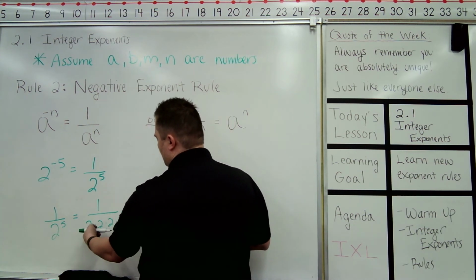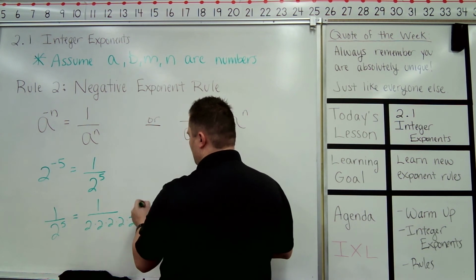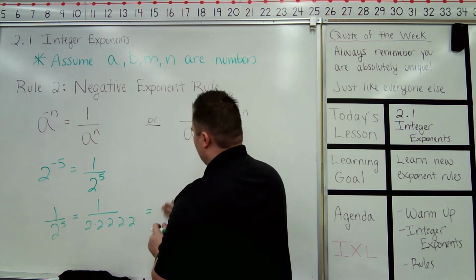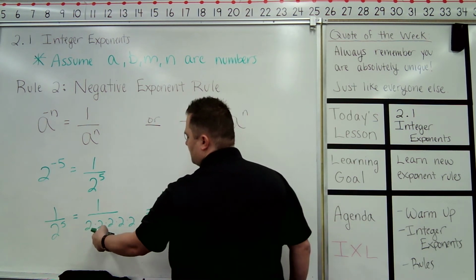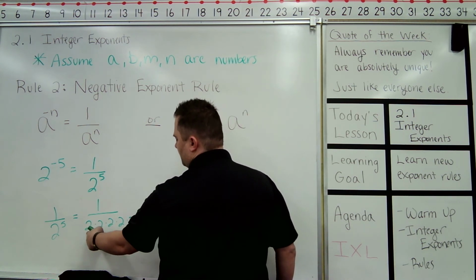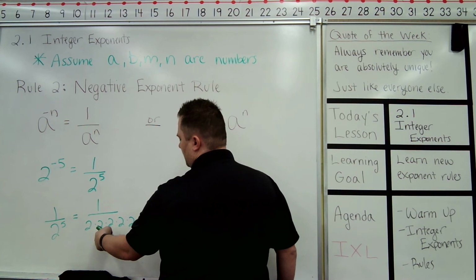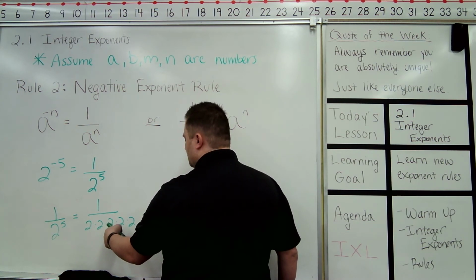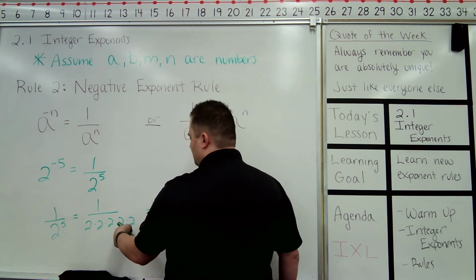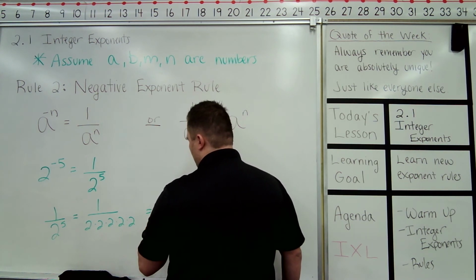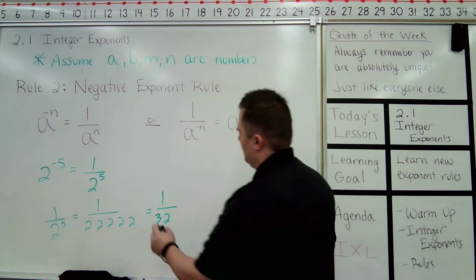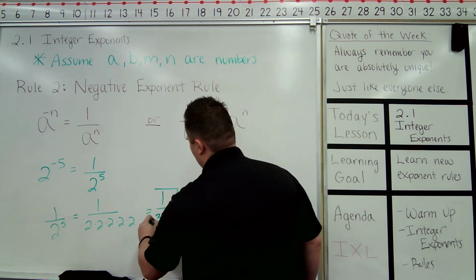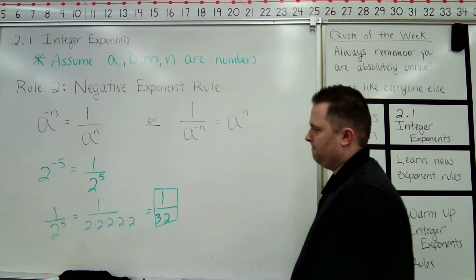Okay, I can handle this. 1 over 2 times 2 is 4, times another 2 is 8, times 2 is 16, times 2 is 32. 1 over 32 is the solution.